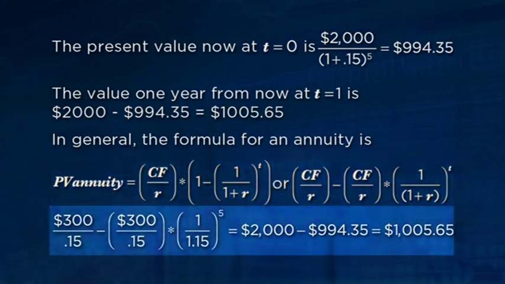For example, if we have $300 divided by 0.15, and then we subtract off 300 divided by 0.15, all of that multiplied by 1 over 1.15 raised to the 5, then we have what? The $2,000 minus the $994.35. That gives us the value of the annuity at $1,005.65.